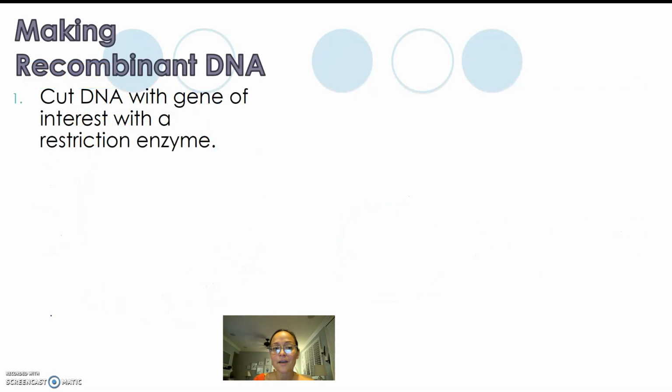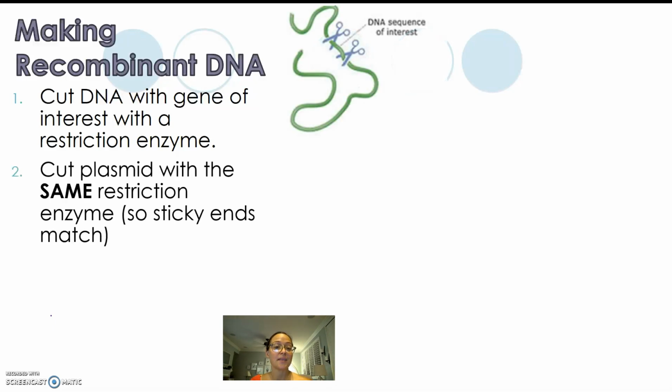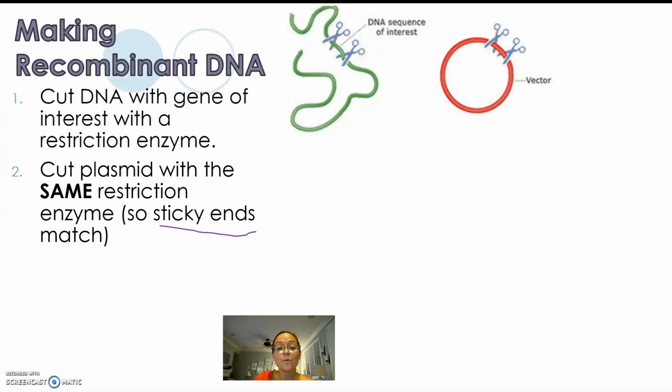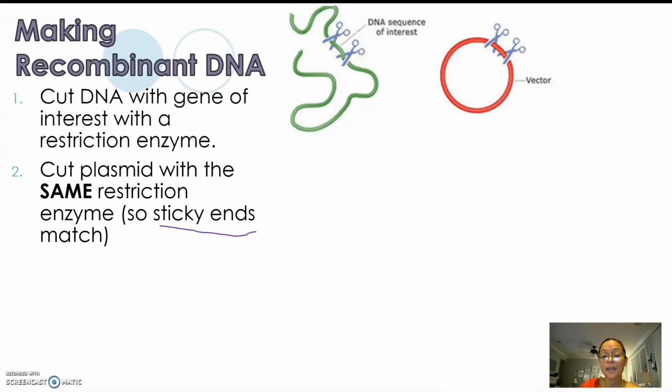When we look at recombinant DNA and how we make it, first we cut the DNA that has our gene of interest with the restriction enzyme. Then we cut the plasmid with the same exact restriction enzyme. The key is that the sticky ends match, so they can base pair together.